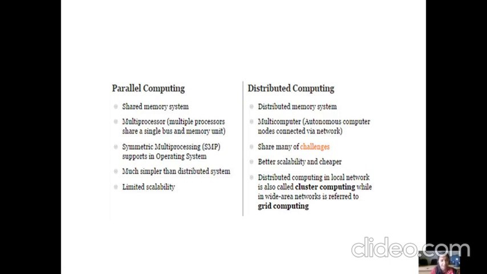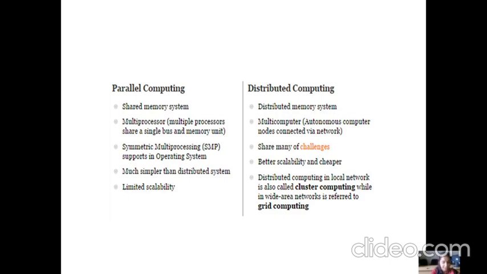In parallel computing, it is going to have the shared memory system. In distributed computing, as the name itself suggests, it is going to have the distributed memory system. So don't get confused between shared and distributed.